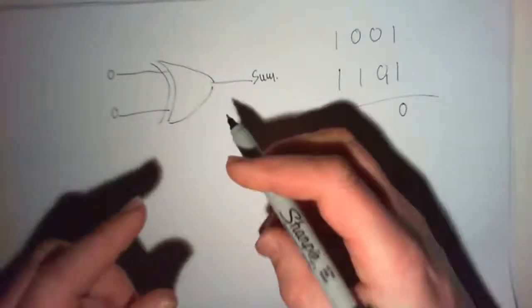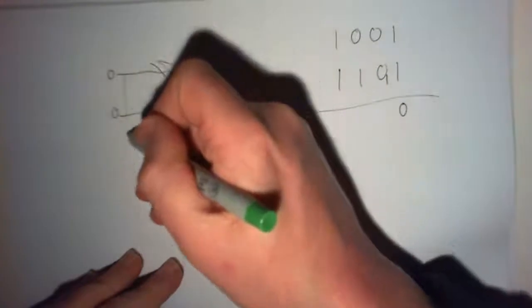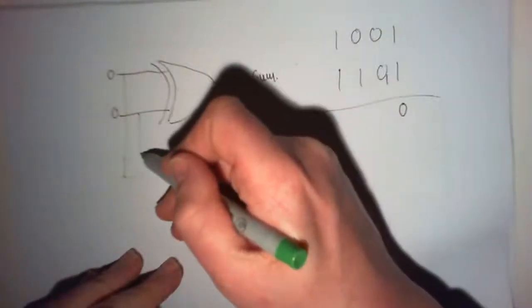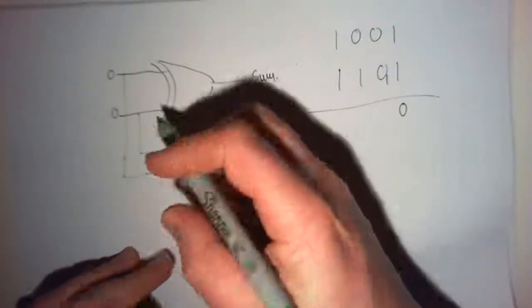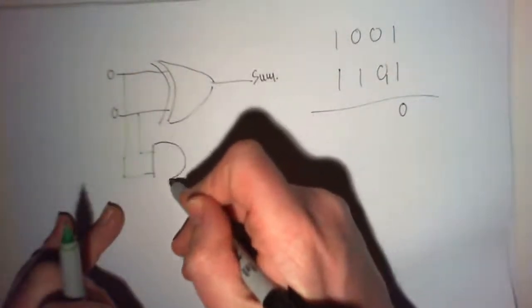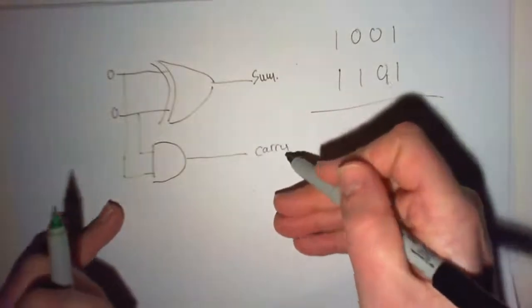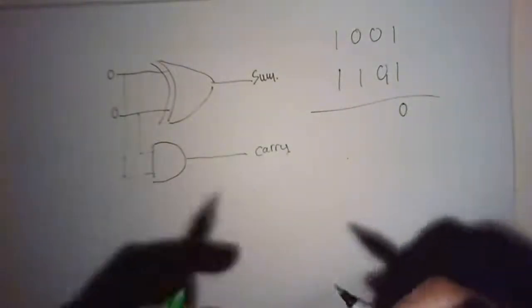But most importantly, and this is the important bit, you use an AND to produce the carry. Now I'll show you this by doing out the truth table first.